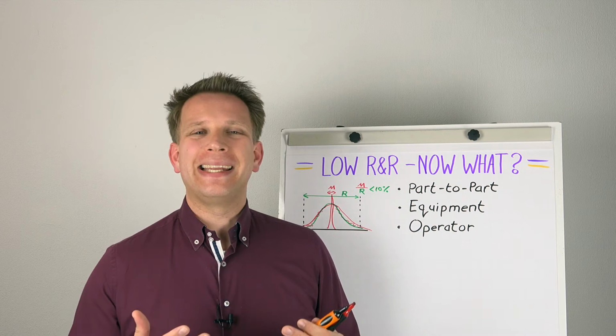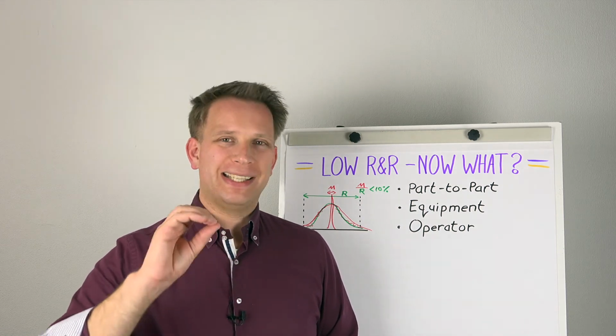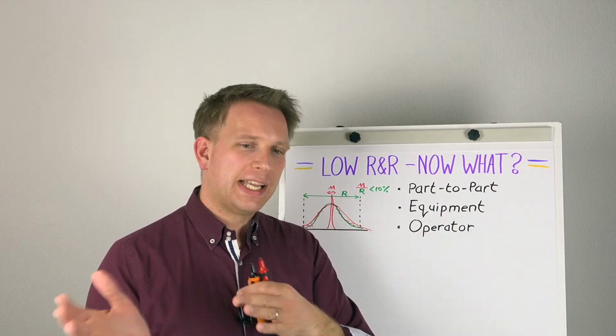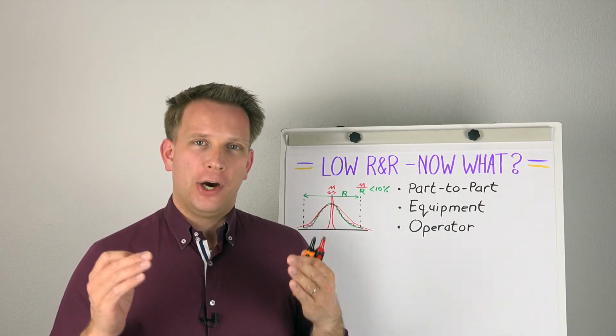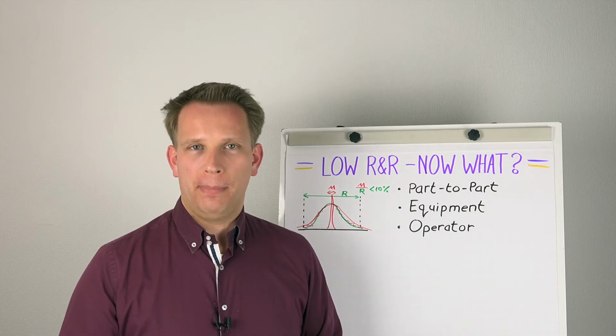And what do we mean here with equipment? It's not even per se that the equipment itself is off and giving wrong values. It means that it is hard to get a good reading from the equipment.